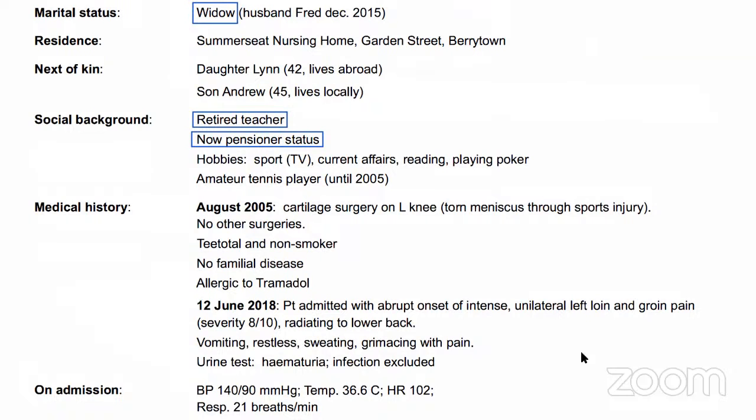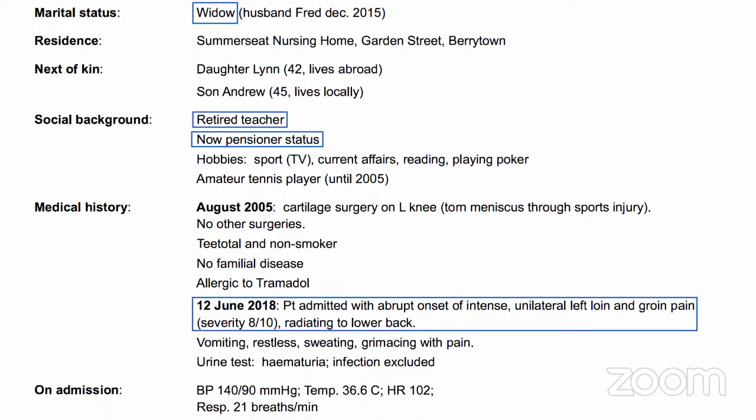So 12th June 2018, patient admitted recently. Upon admission, this was his condition: vomiting, restlessness, sweating, grimacing with pain. You can see that at the time of admission.